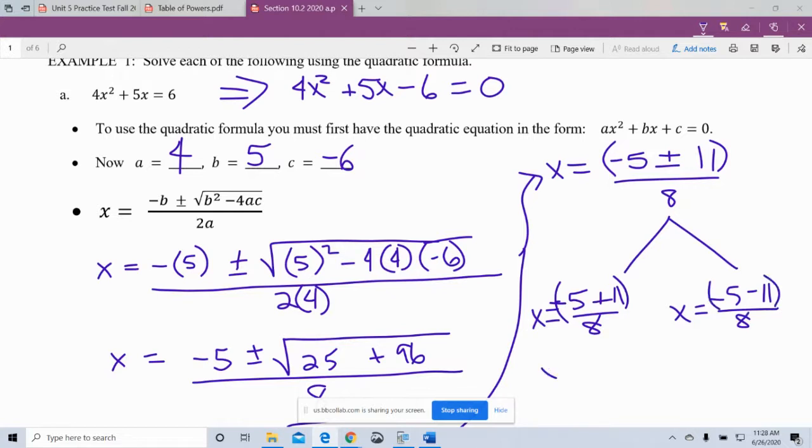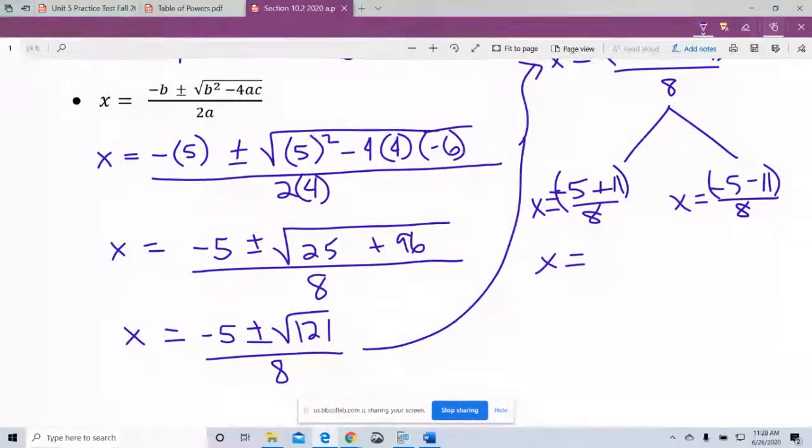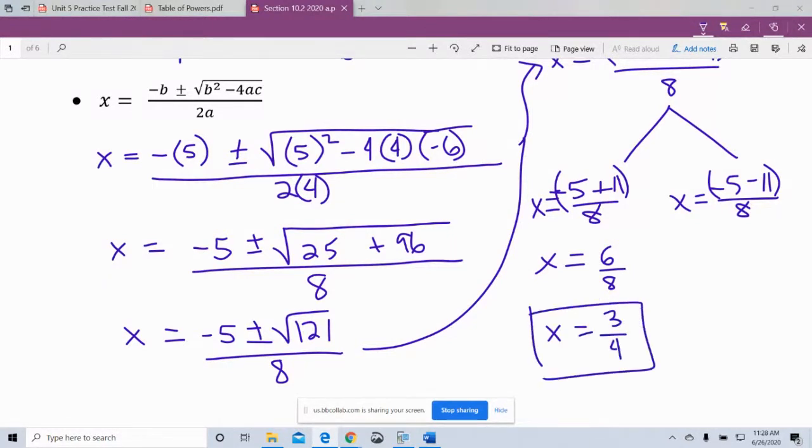Okay, so here we have -5 plus 11 is 6, and 6/8 I can reduce to 3/4. So that's one of my solutions. And then over on this one, I have -5 minus 11, and that's -16 divided by 8.